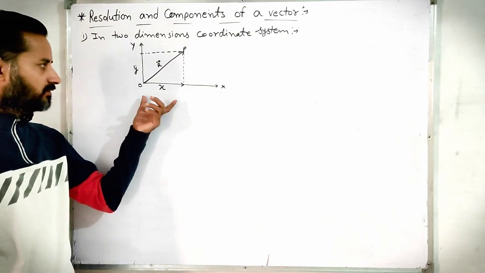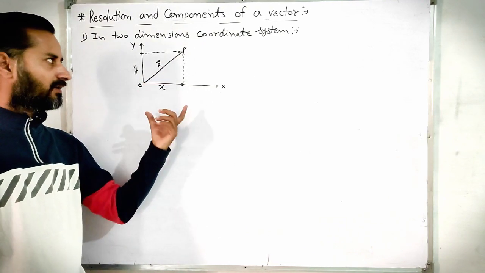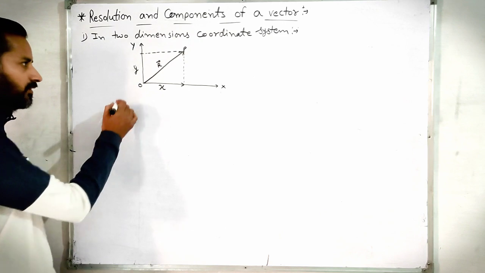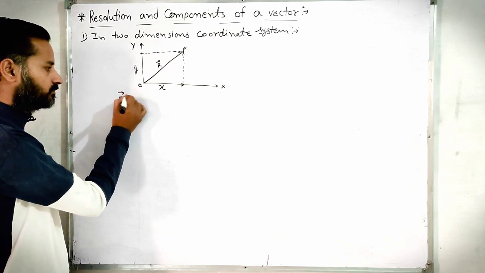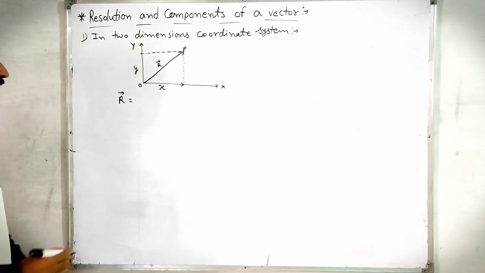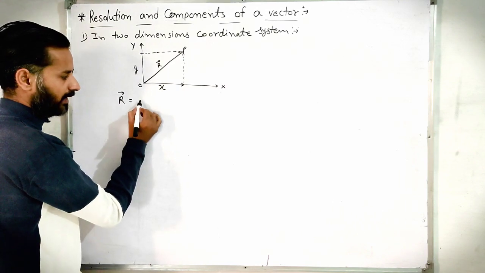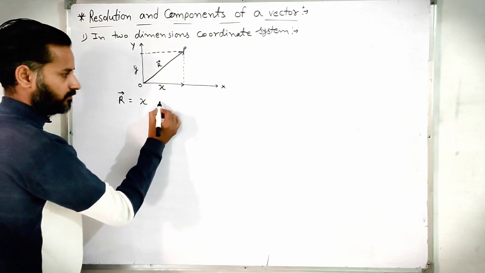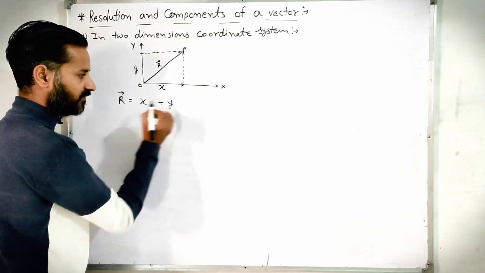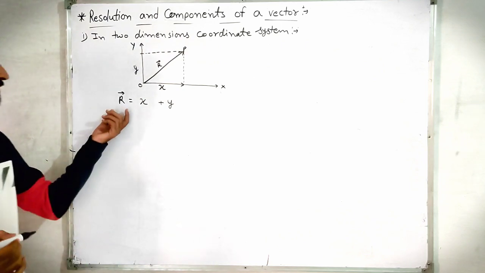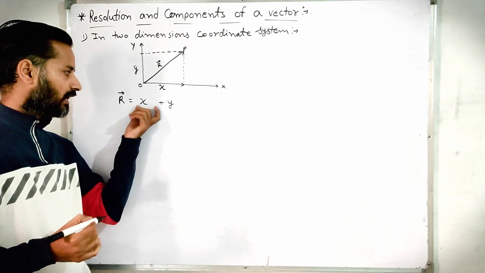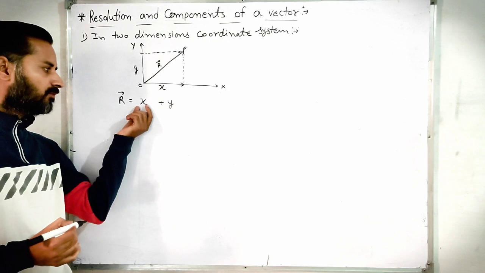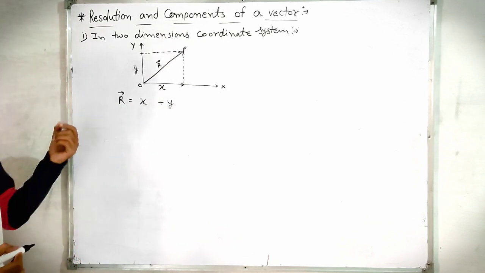Then in this case we can write this vector r equal to the magnitude of x plus the magnitude of y. Since this is a vector, we have to write this in terms of magnitude and direction.